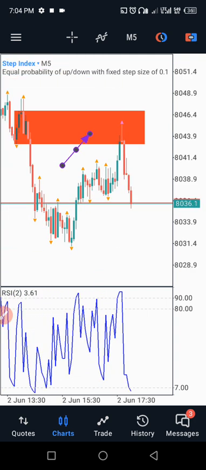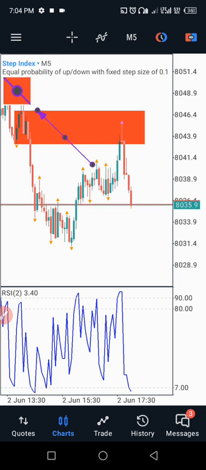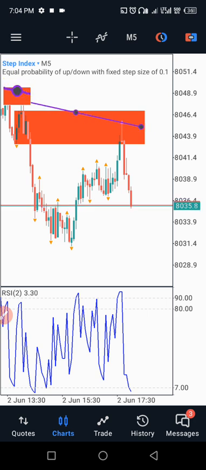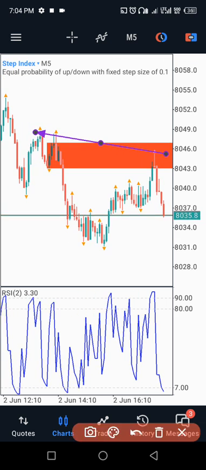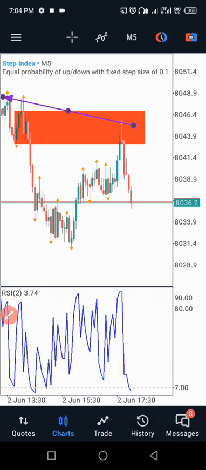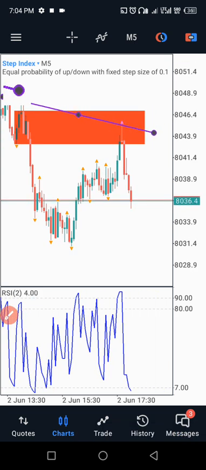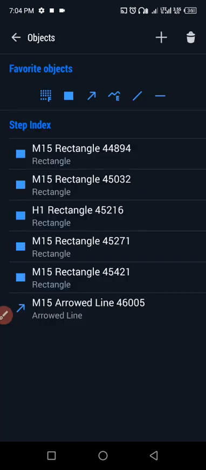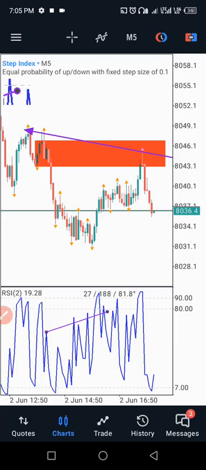On the RSI indicator, what we want to see is a divergence. Remember I talked about divergence, we are considering the order block and the divergence. So this is the divergence you want to wait for. You can see that this is actually where the divergence occurs, guys.